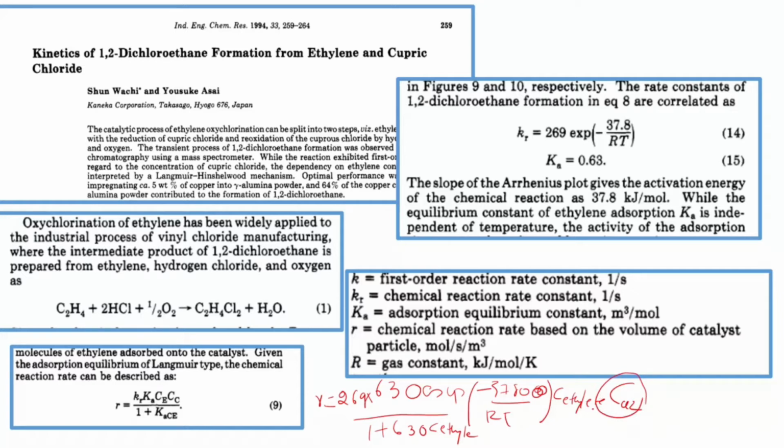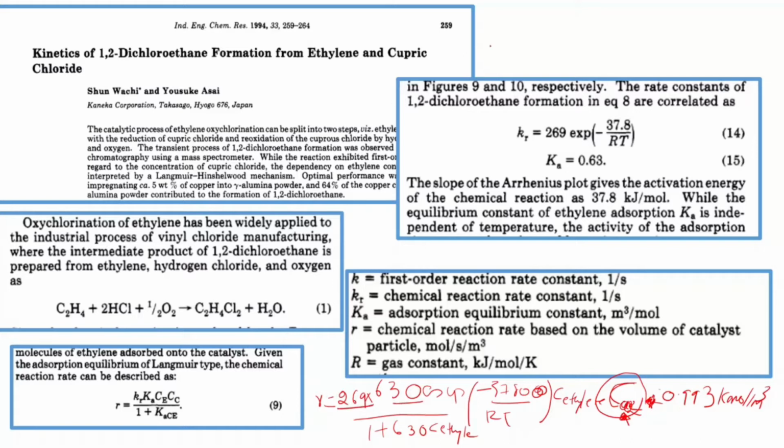If you look into the lecture notes, I already said this is equal to what they already calculated for the concentration of chlorine atoms in the catalyst, which is 0.993 kilomole per meter cubed. This is a constant number, so we can multiply 0.993 by 630 by 269.